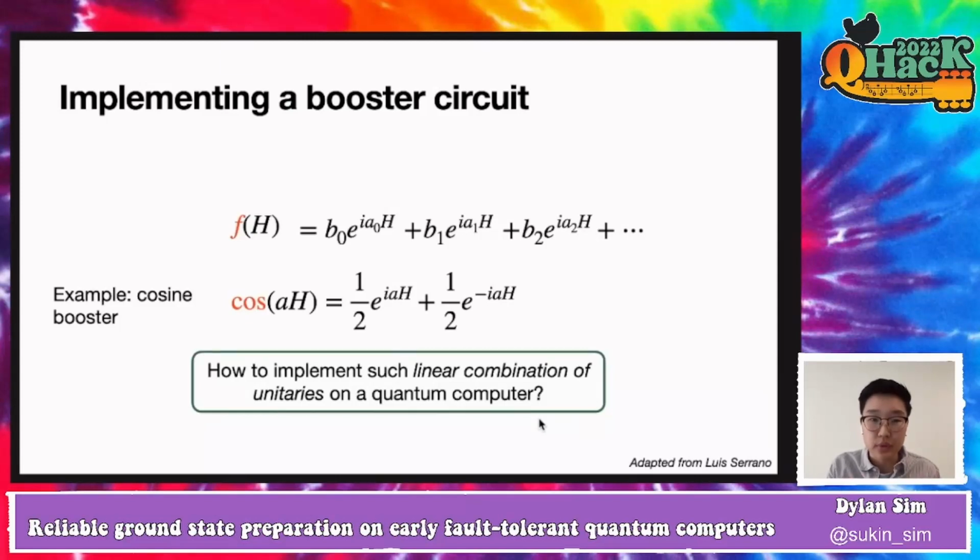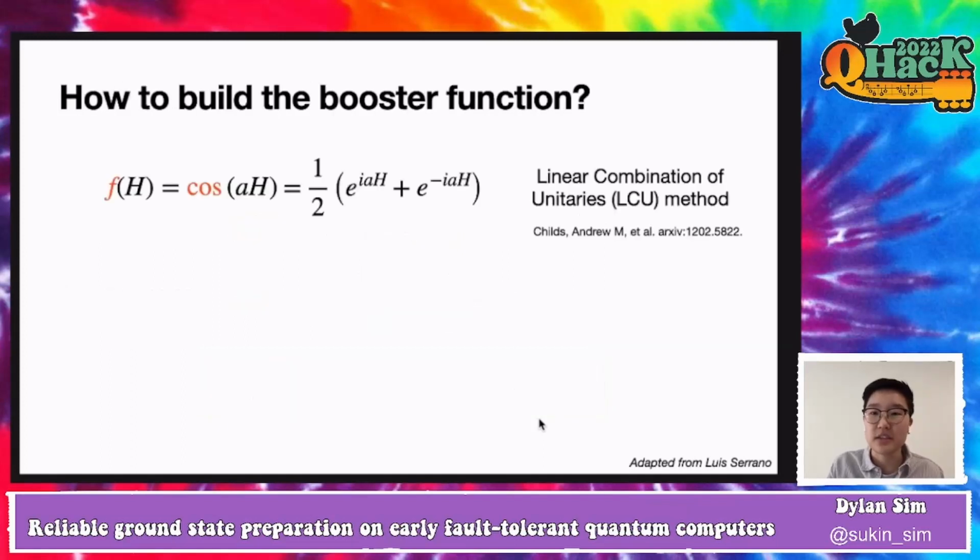So for this particular example, how do we implement such a linear combination of unitaries on an actual quantum computer? It turns out there's a method called linear combination of unitaries, or the LCU method, that you can use to apply f, or cosine of AH, to some input state psi.